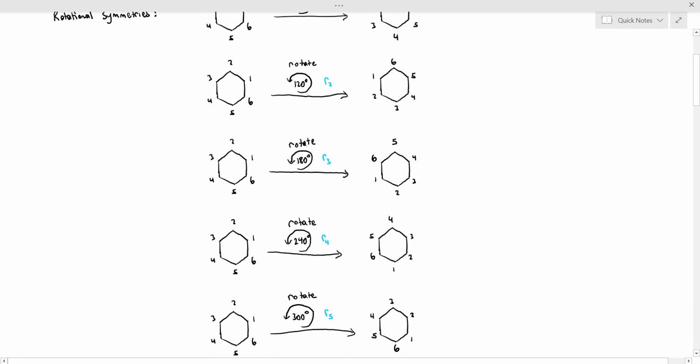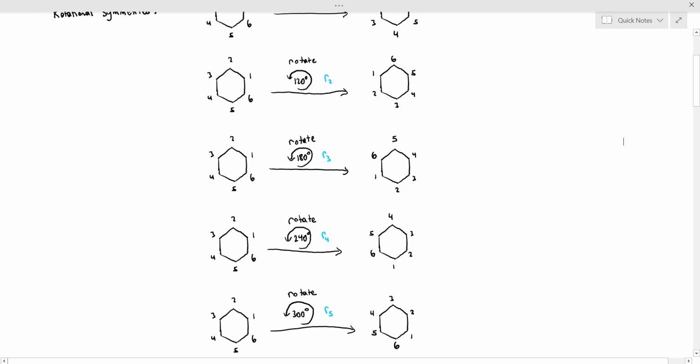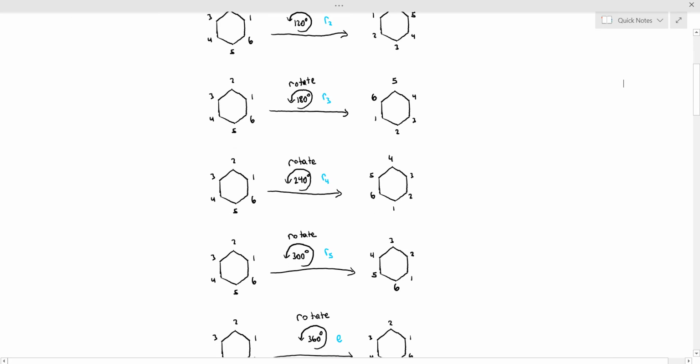You can continue doing this. You can rotate by an additional 60 degrees for a total of 180, so all the vertices are going to shift over by 3 counterclockwise. You can rotate an additional 60 for a total of 240, so all the vertices will shift over by 4 this time.